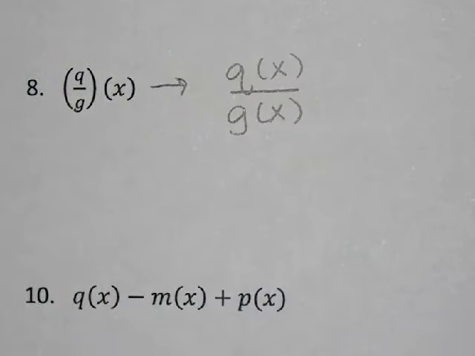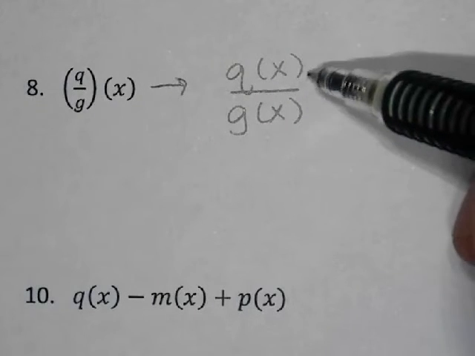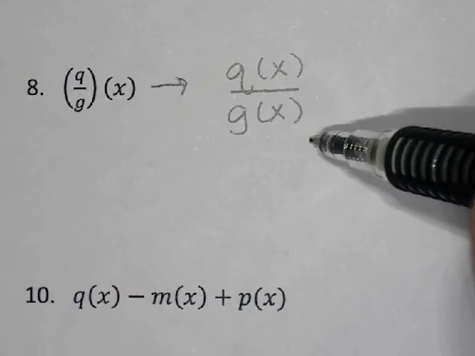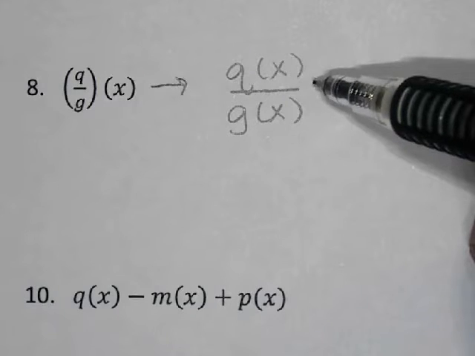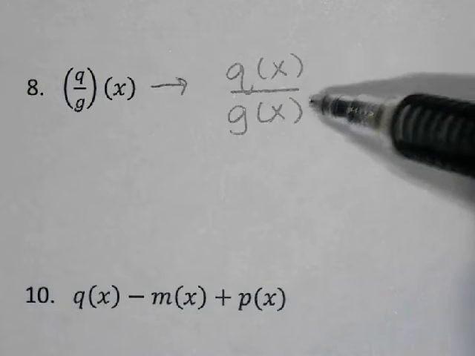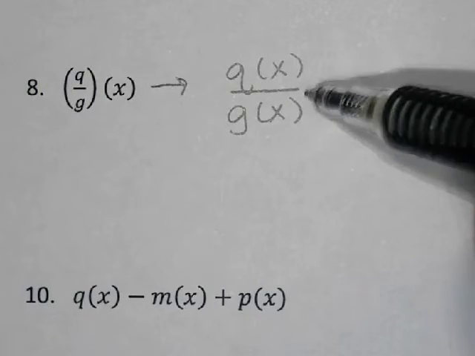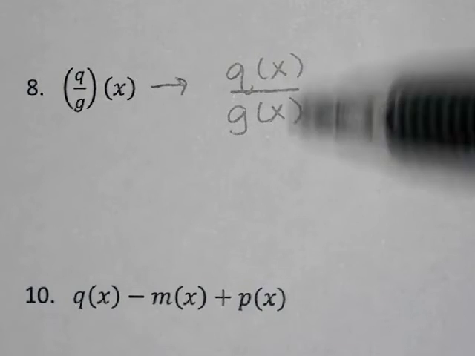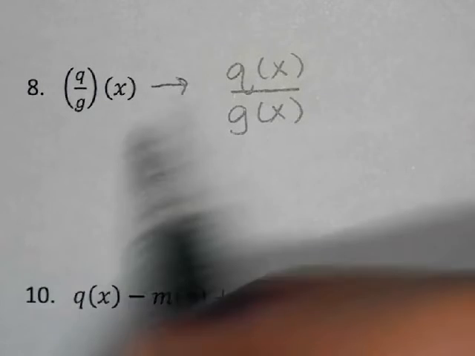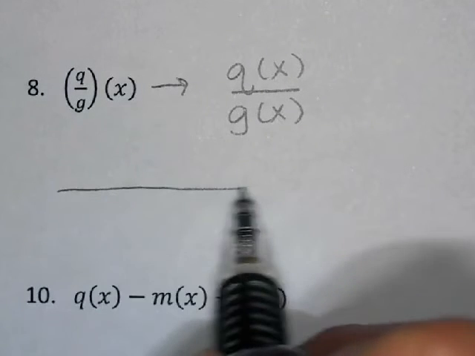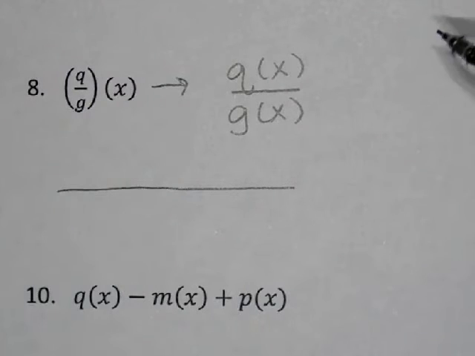All right, q of x over g of x. So all we have to do is we're going to write this problem exactly the same, but we're just going to replace the q and we're going to replace the g. So I'm going to write a fraction, and then q of x, if I look at the top, just says negative 2x plus 5, so that's all I have to write on the top.